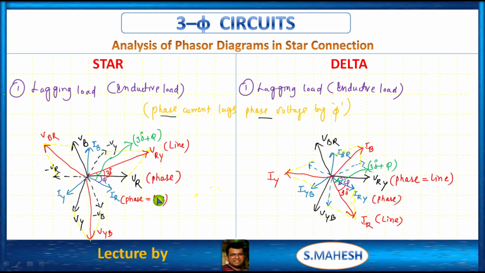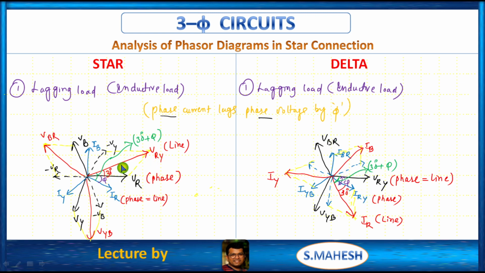Obviously we are going to get the remaining quantity: in case of star connection we have to get line voltage, and in case of delta connection we have to get line current. For that, to get line voltage in case of star connection, take the vector difference of VR and VY. In case of delta connection, it is the vector difference of phase currents.